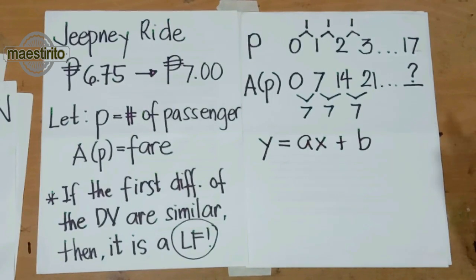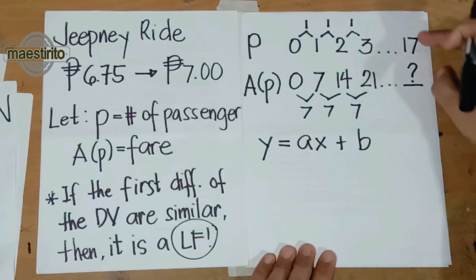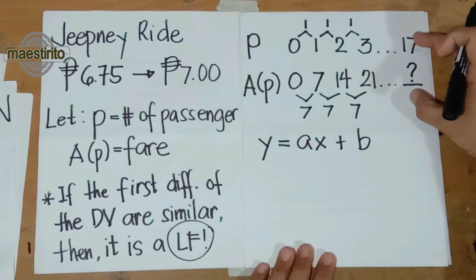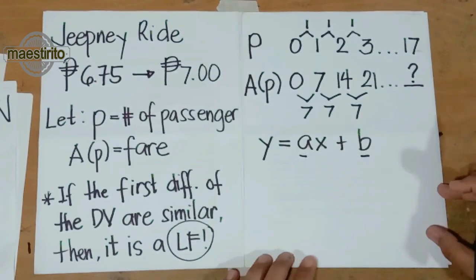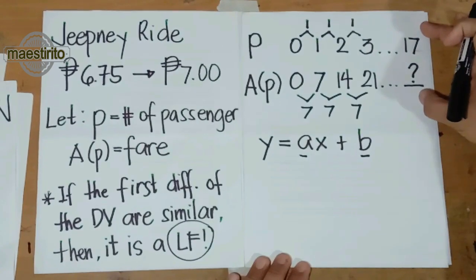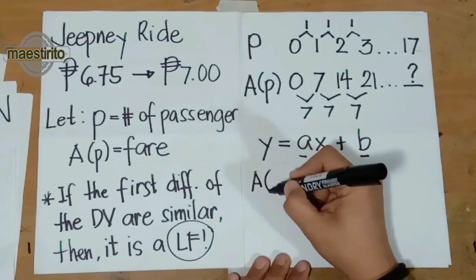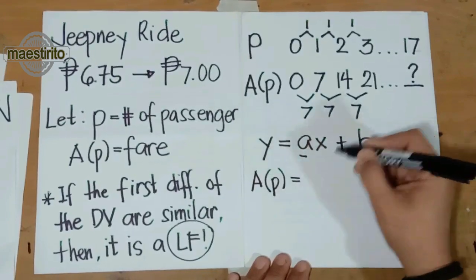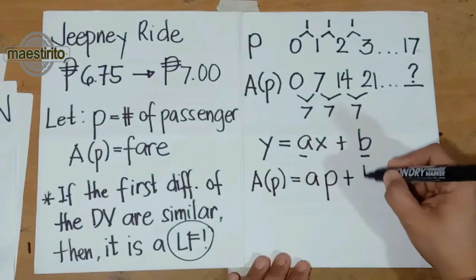Okay. Our dilemma here is we're going to find the model for this problem, a real-life problem. And the model is needing the constants a and b. And from this table of values, our y will now be a of p, and our x would be p, then plus b.